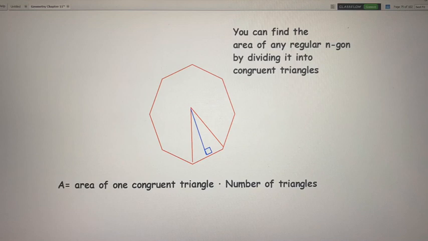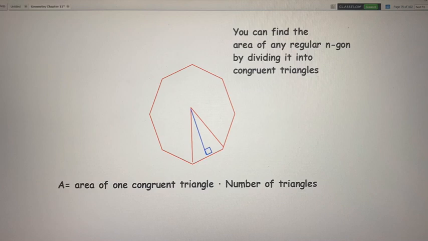Okay, so notice we've been finding the area of triangles. And so you can find the area of any regular n-gon by dividing it into congruent triangles. For area, we use the capital A, equals area of one congruent triangle times the number of triangles.